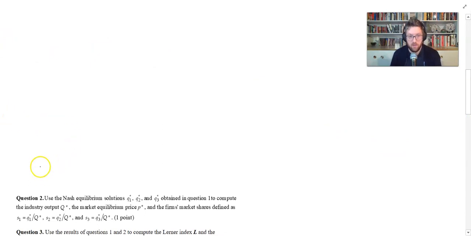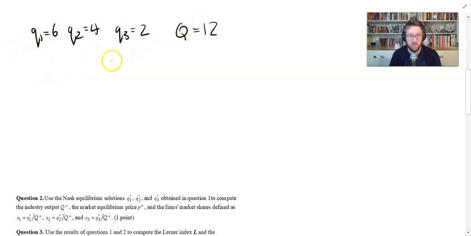So as a refresher, we've got Q1 equals 6, Q2 equals 4, and Q3 equals 2, which means capital Q is equal to 12 if we add those 3 numbers together, and the price is equal to 20 minus 12, or 8. Okay, so what are their shares?